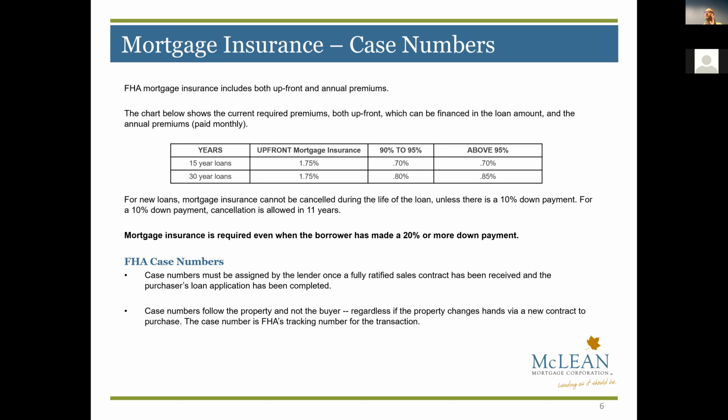So when they do the appraisal on the home, it also follows that home, and it follows it for 180 days. So 6 months. Okay. So if you have an appraisal on this home and the appraisal comes in under value, let's say you're doing 200,000 on this purchase price, but the appraisal comes in at 185, that appraisal sticks with the house for 6 months.